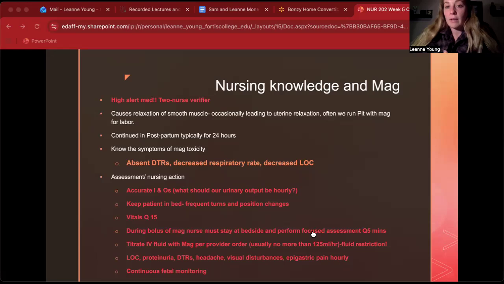She's in fluid volume excess. We do not want pulmonary edema, so we need to notify our provider about that immediately. Okay. Level of consciousness, proteinuria, deep tendon reflexes, headache, visual disturbances, epigastric pain hourly. We need to be doing those assessments. And then obviously, the entire time you're doing any of this, you need to make sure you have your baby on your monitor.